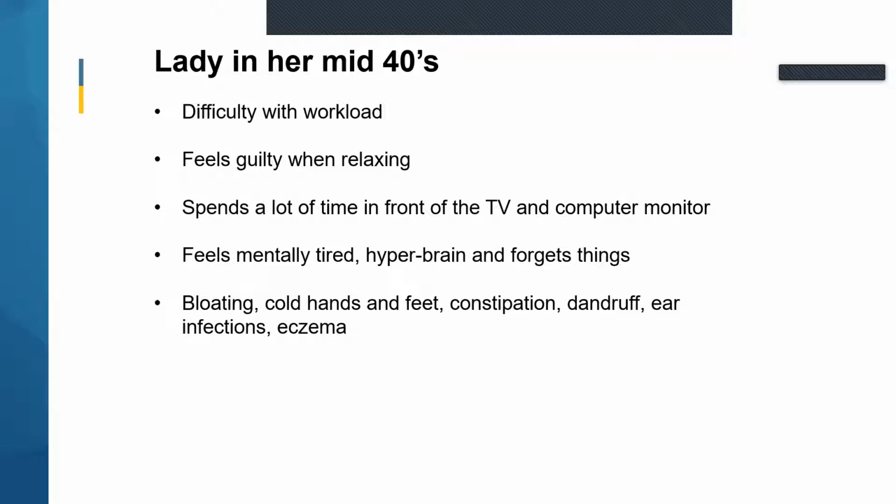Okay, so already looking at this, I need to start looking at what I can expect to see in the scan. Now, we can't use the scan to diagnose, because that's not what it's doing. But what it's often doing is showing us where the body needs support, which will help to clear some of these things that she's presenting with.